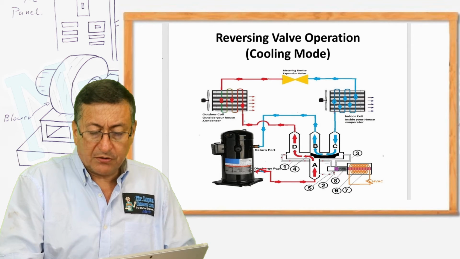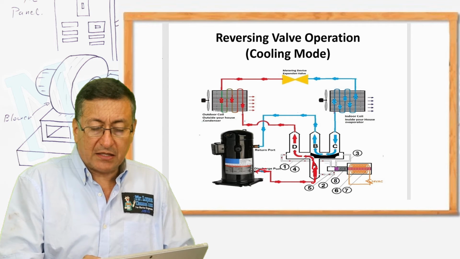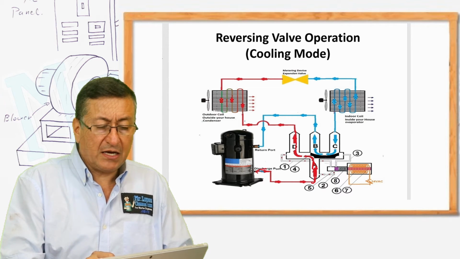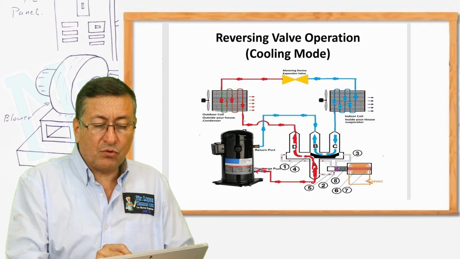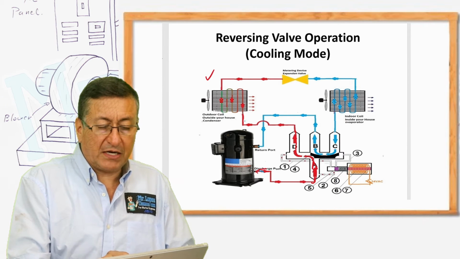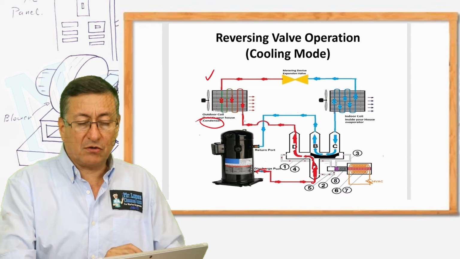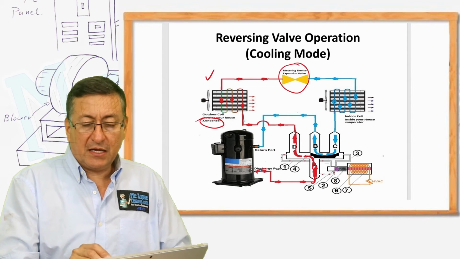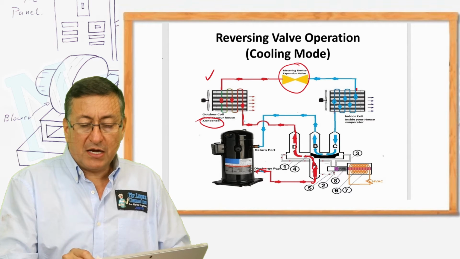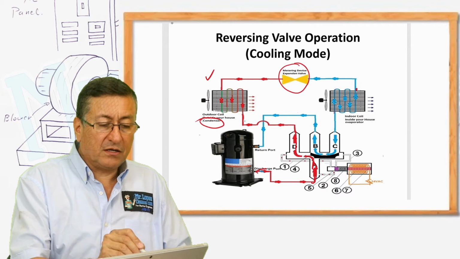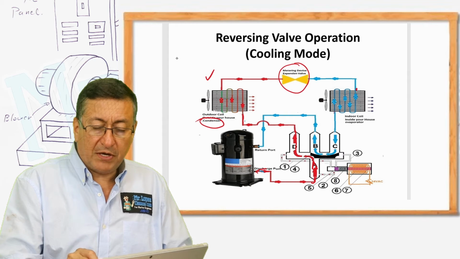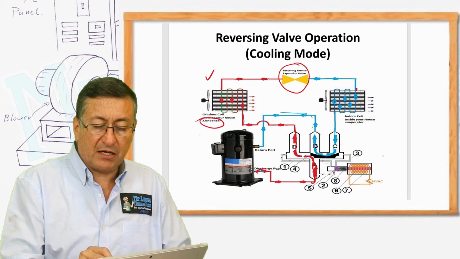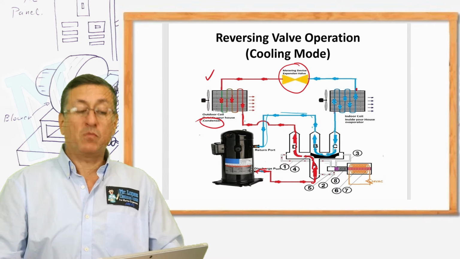The output of the compressor enters the middle of the reversing valve, and the refrigerant at high pressure, high temperature goes over there and enters the outdoor coil. In this particular case, it is working like a condenser. After that, it passes through the expansion valve and enters the evaporator and returns here, because that piece of metal is located in this position, and enters the return. This is the cooling mode.